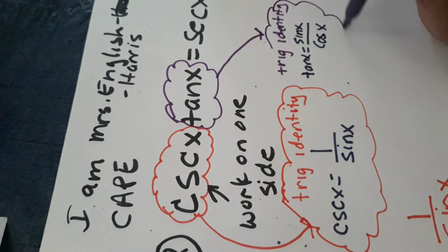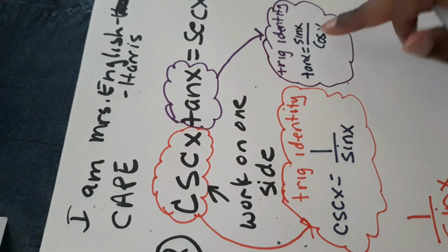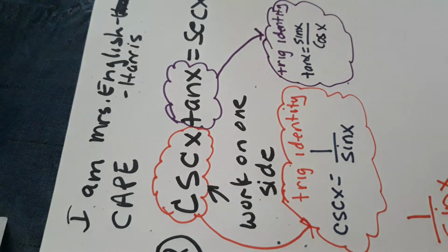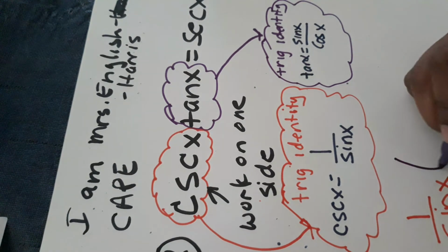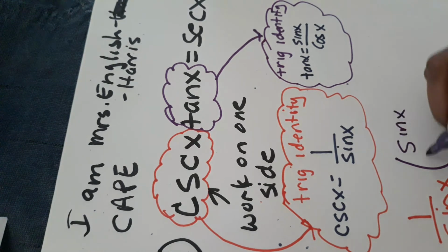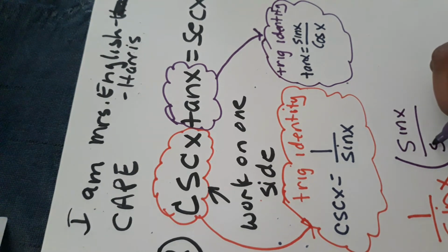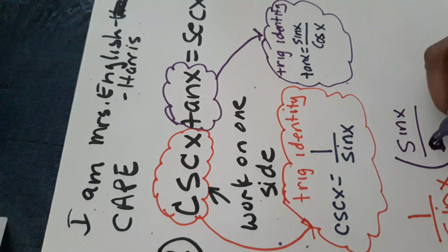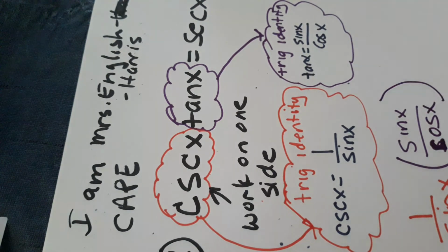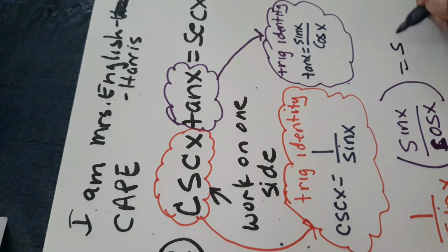Now our little purple cloud here, we're going to replace the tangent x with sine over cosine x. So let's do this down at the bottom. Oops. Put that C back. There we go. Now let's bring down the rest of our problem. Equals secant x.